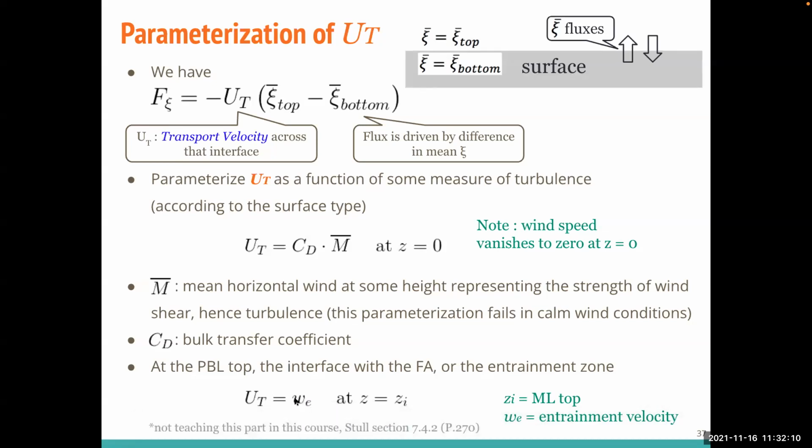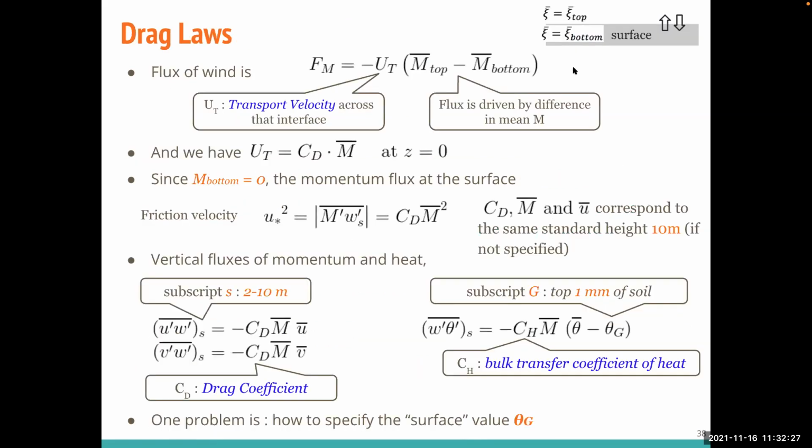Okay, so it's studying the flux, the air coming from the free atmosphere into the planetary boundary layer. We're not covering this in this course. If you want to read more, you can read this part of the book. Okay, we are only covering things happening near the surface in this course.